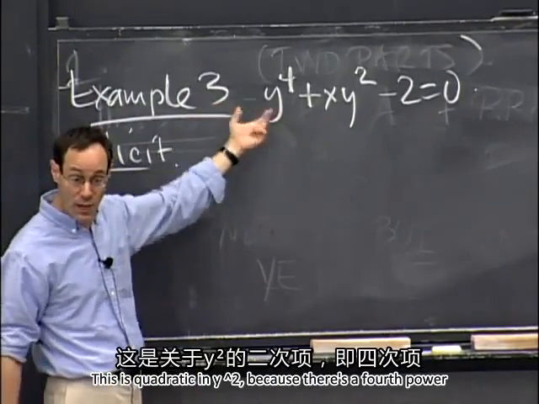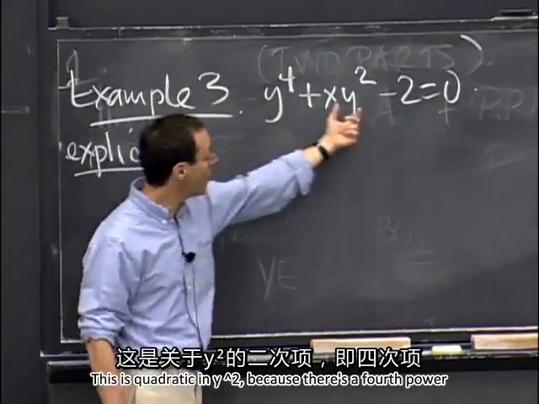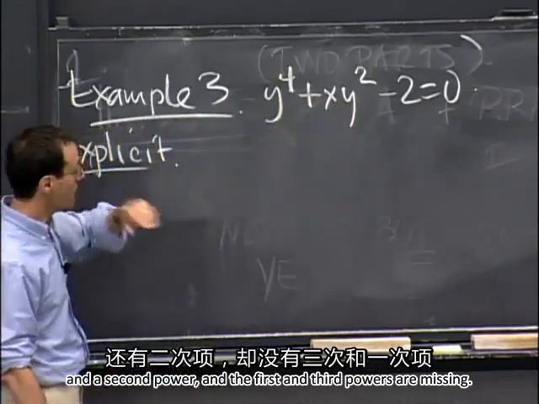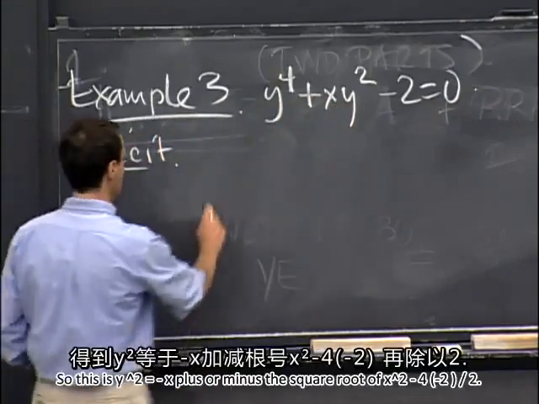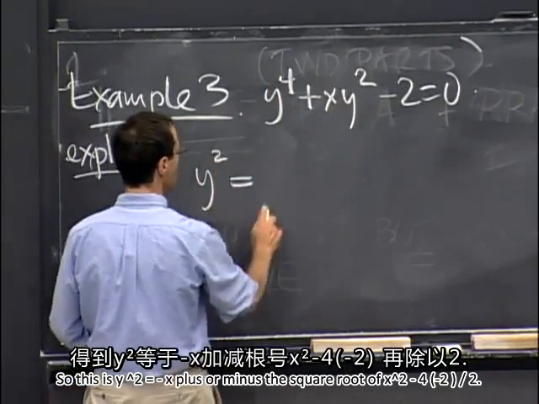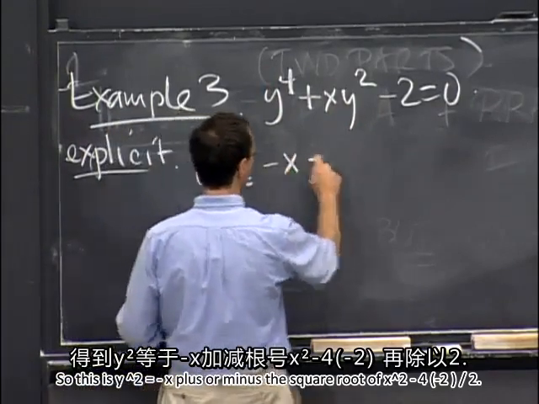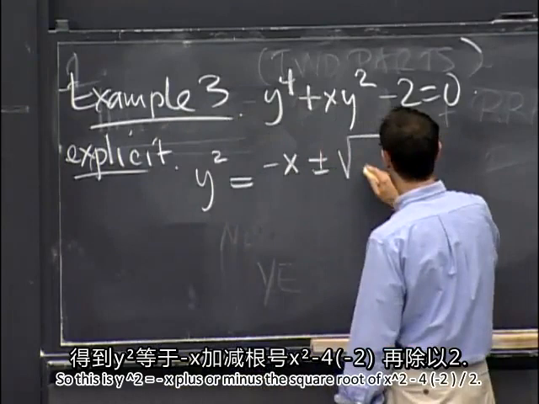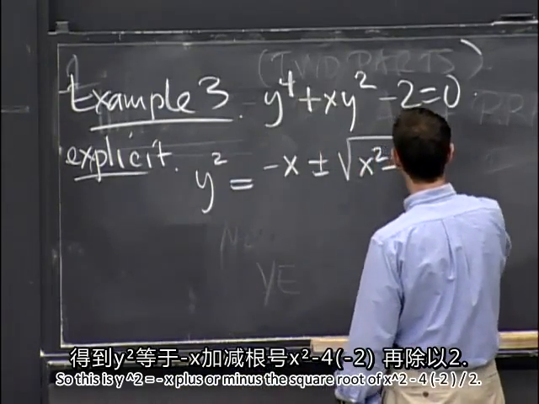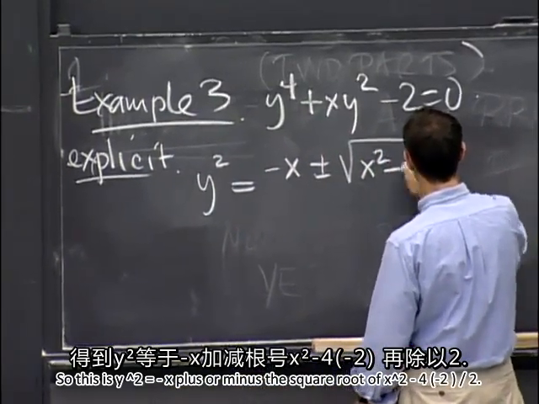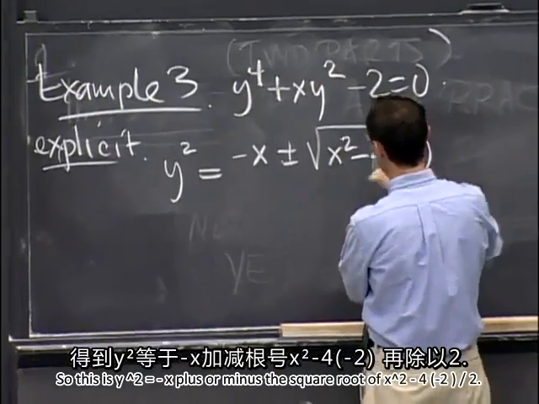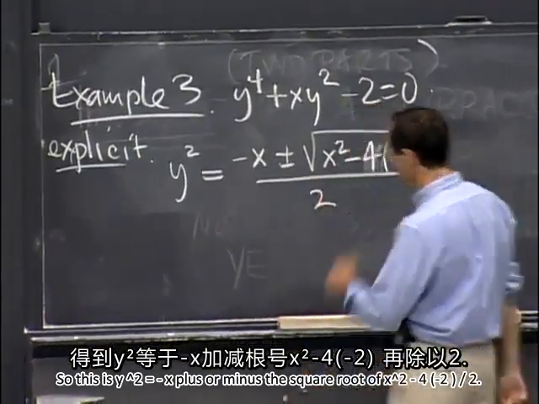This is quadratic in y squared, because there's a fourth power and a second power, and the first and third powers are missing. So y squared is equal to minus x plus or minus the square root of x squared minus 4 times minus 2, divided by 2.